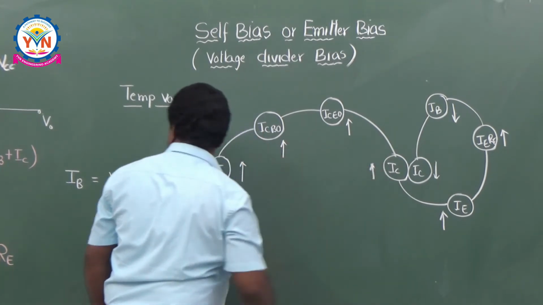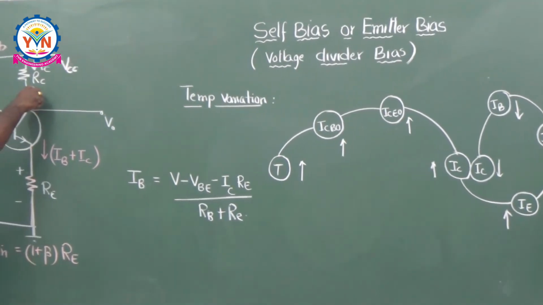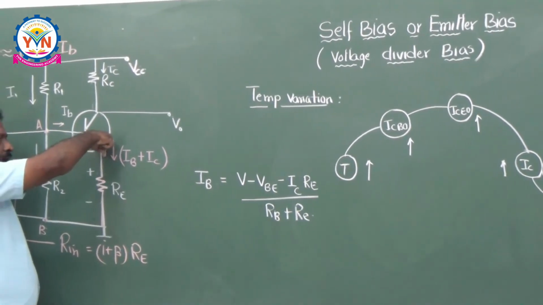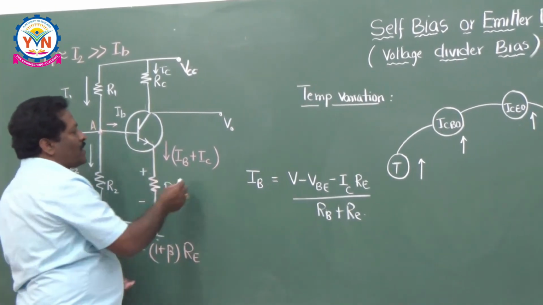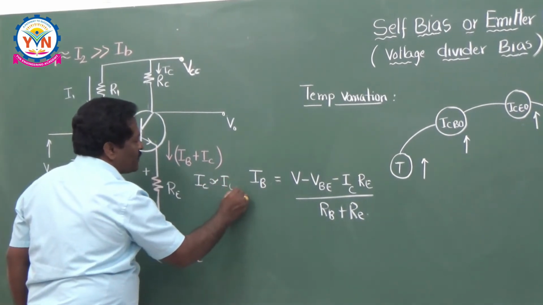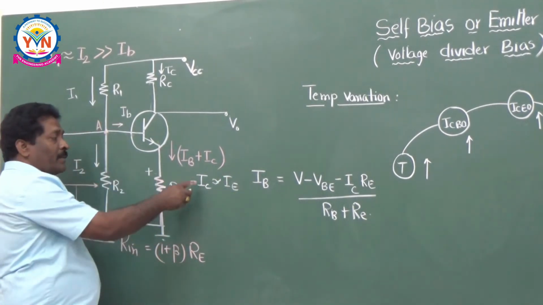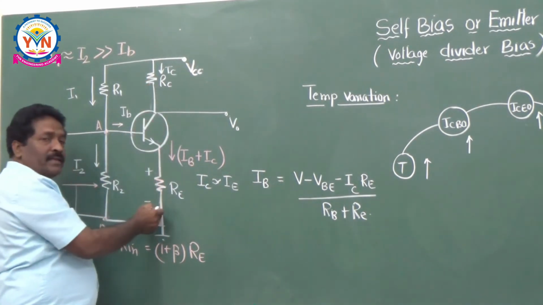If IC increases, IE also increases, because IC is approximately equal to IE, since IB is very, very small.